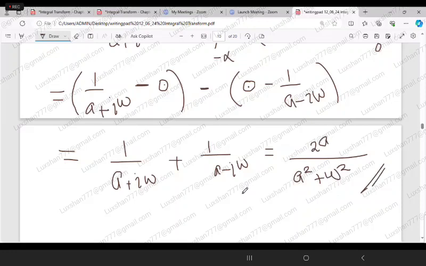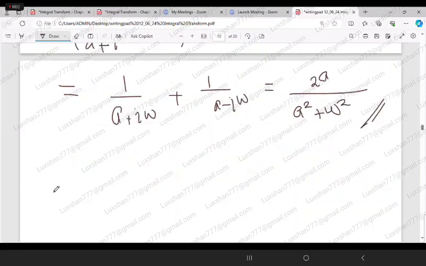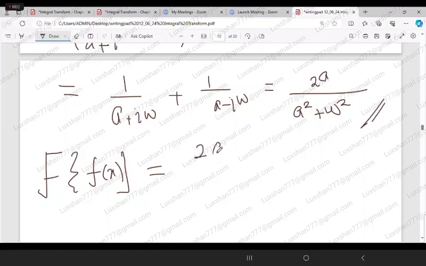So that is the answer. Therefore, the Fourier transform of the given function f(x) is equal to 2a over a squared plus omega squared.